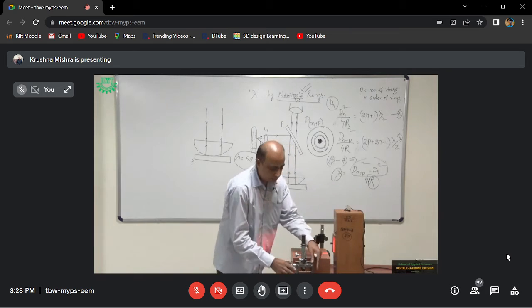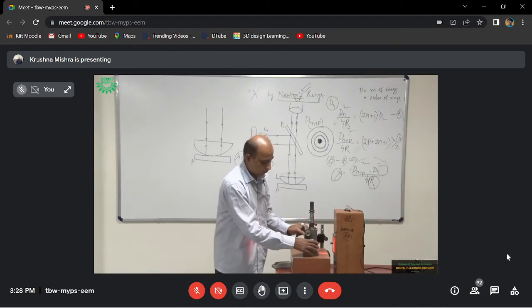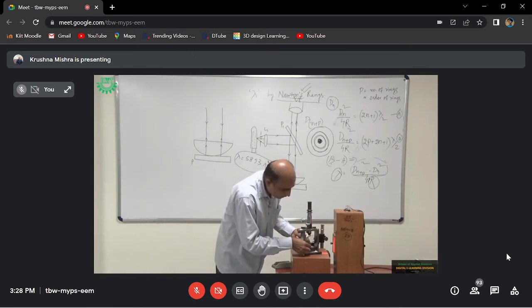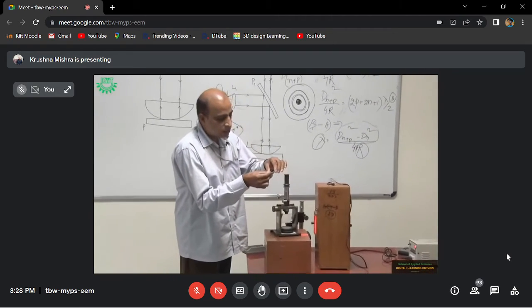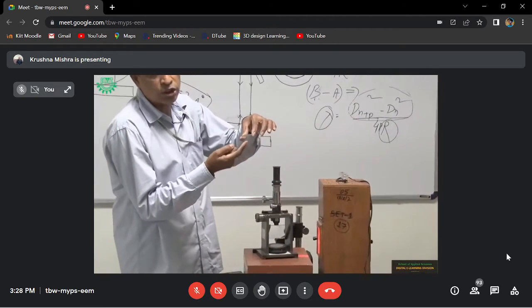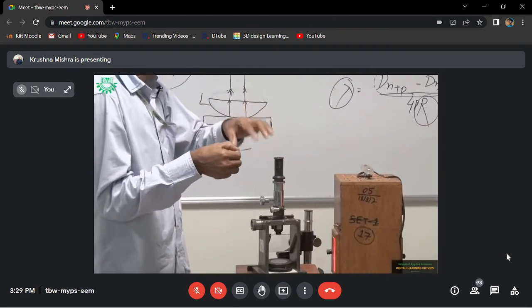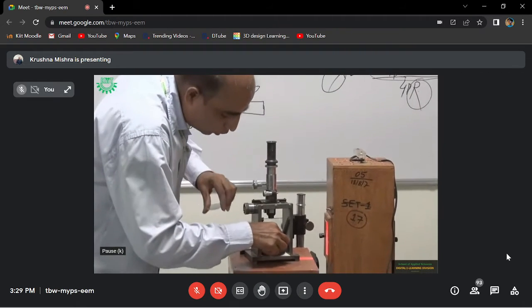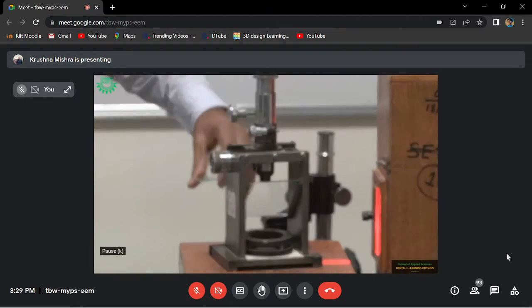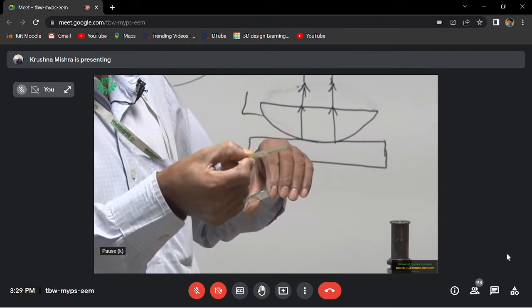We can see here this is a plano-convex lens. The lower portion is convex and the upper portion is plane. This is the lens L, and just below it is a plain glass plate, with both sides plane.